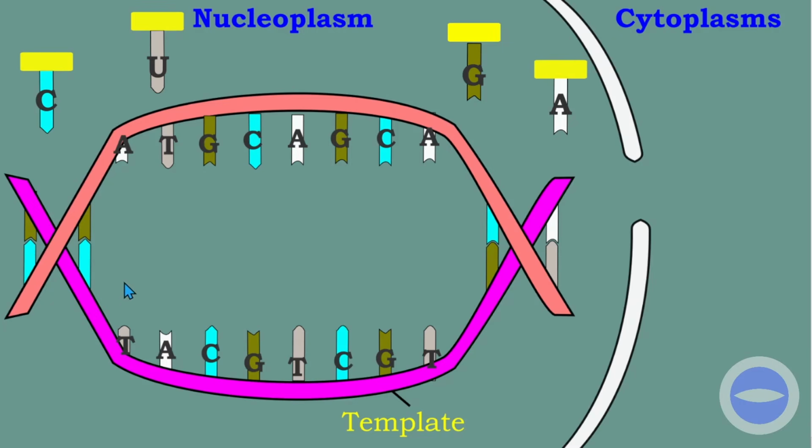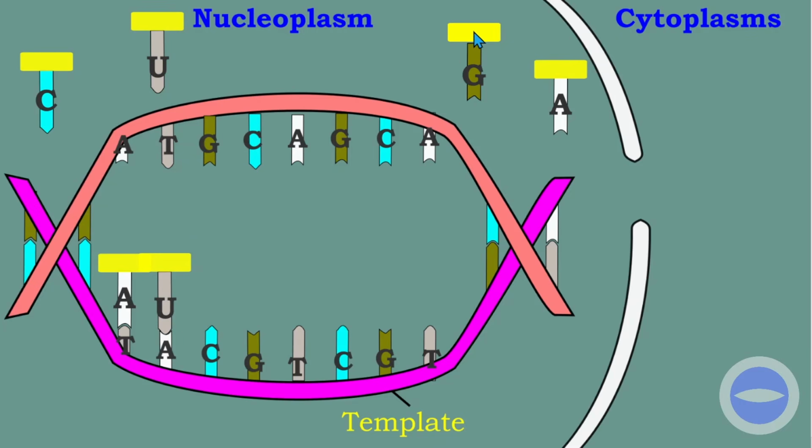Here, we've got thymine. Thymine, we know, pairs with adenine. So we will take adenine, then adenine goes to thymine, and then again we've got adenine. Adenine will pair with uracil. We know that RNA does not have thymine, we have uracil. So A will bond with U, and then we've got cytosine.